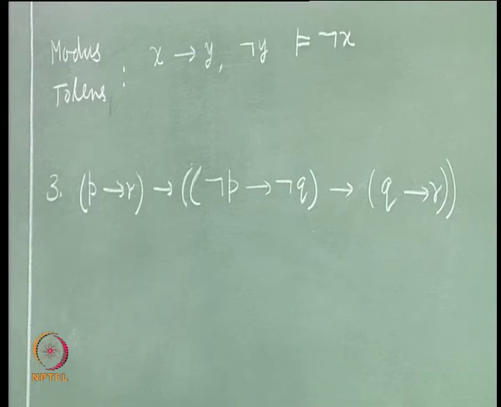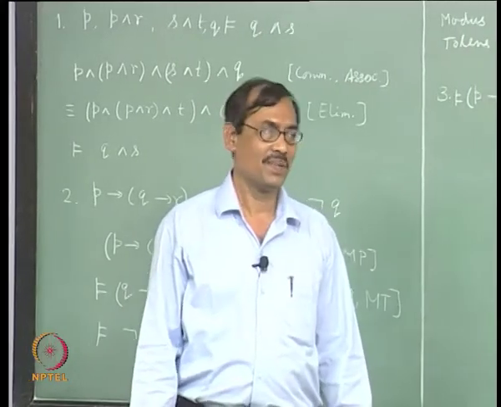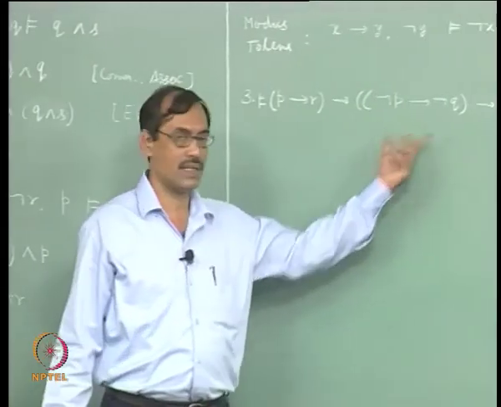This should be valid, right. That is what we want to prove. It looks a bit clumsy, because from P implies R you are getting all those things.